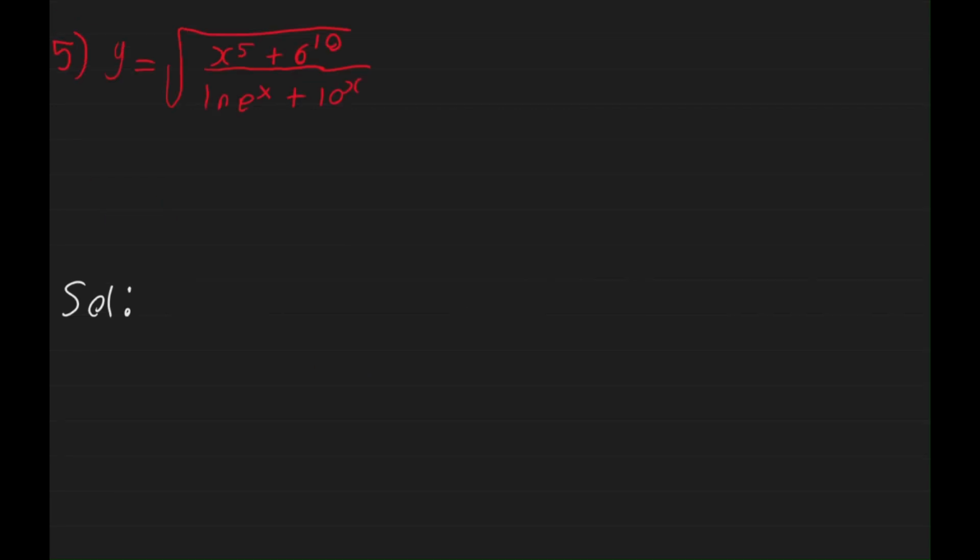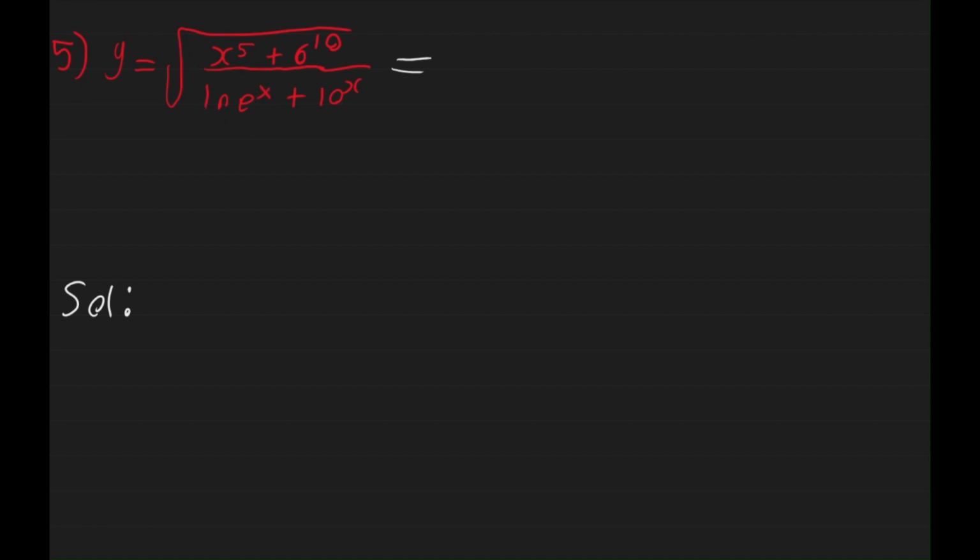Okay, this is a very good question because it combines a lot of rules. Always, before solving, try to simplify even the smallest thing while solving, okay? Here we can see ln e power x, so we can write x next to it.